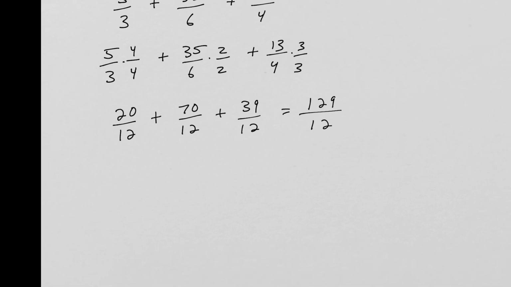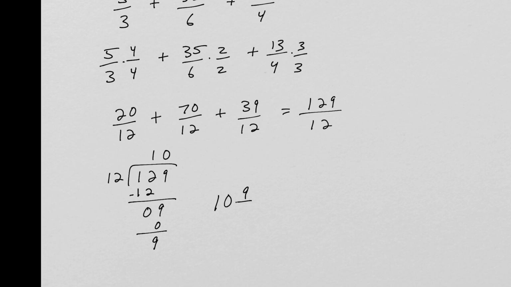Well, how do I do that? Just divide, right? So 129 divided by 12. 12 goes into 12 once. I multiply. So I subtract, right? That'll be 0. I bring down the 9. 12 goes into 9 0 times. I multiply 0 times 12 is 0. I subtract. And now my remainder is 9, right? So this is the same as 10 and 9/12.